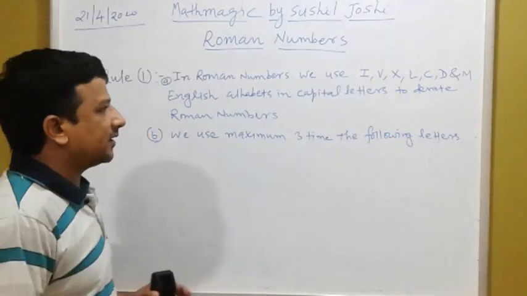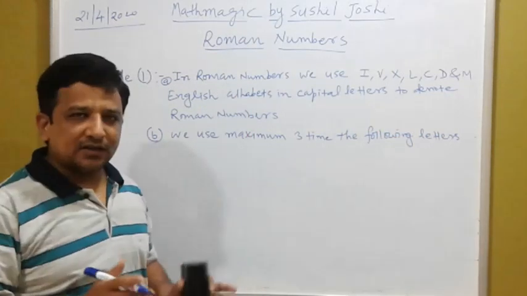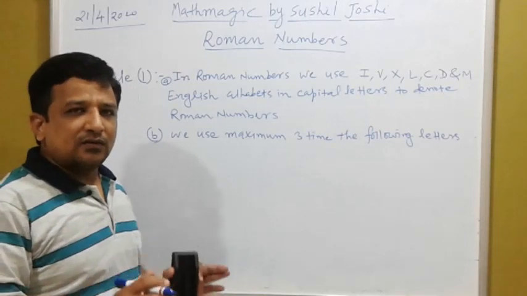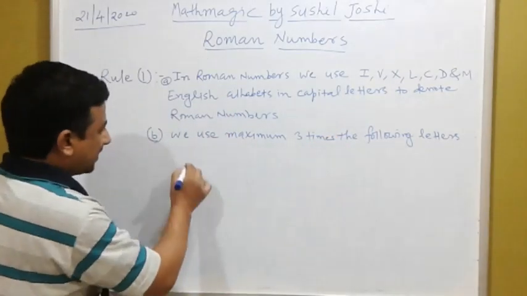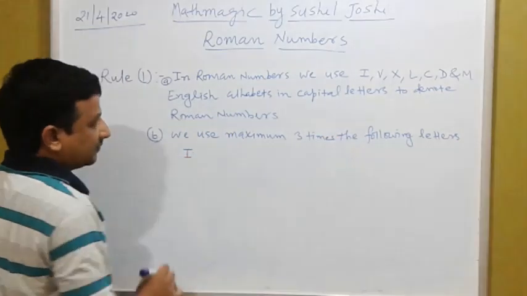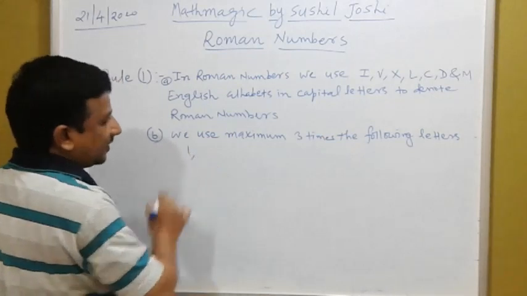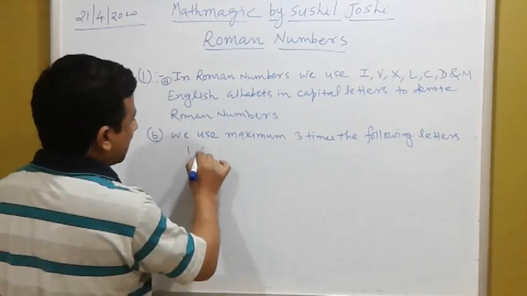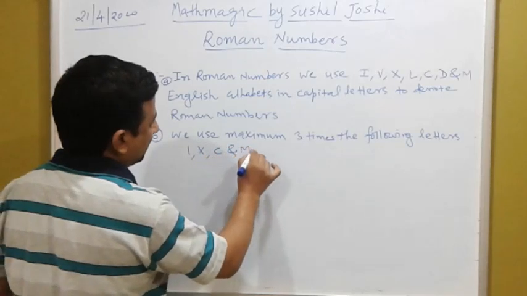That means whenever you use a few of these capital letters, you have to use them a maximum of 3 times. Which are they? I, X, C and M.